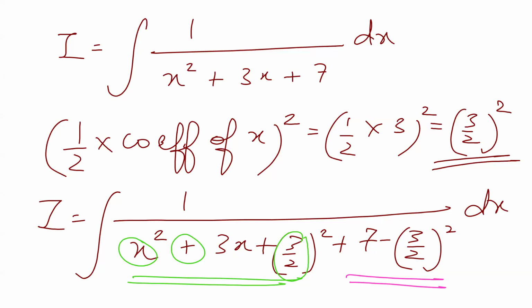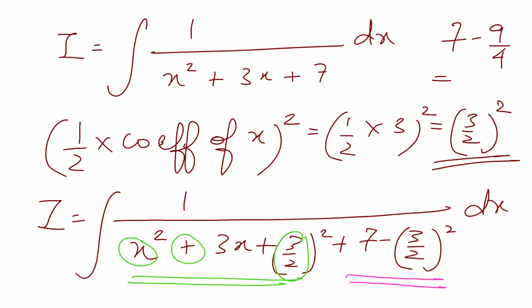And here simplify the last two terms: 7 minus 9 by 4, which is 28 minus 9 by 4.